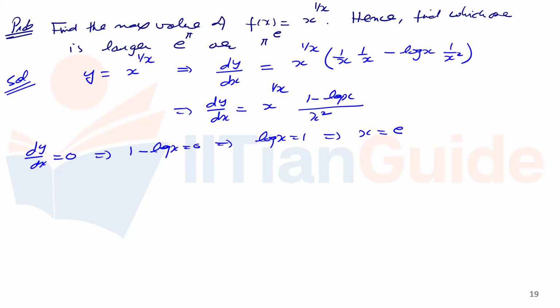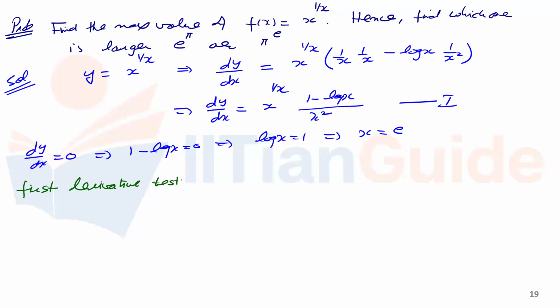To decide whether it is a maximum or minimum, I would have to differentiate again. But dy/dx is a very lengthy term, and if I differentiate it, I will get an even longer term, and then we need to check the value. So I am avoiding the second derivative test and deciding with the first derivative test, which will give me an answer in short. I will not have to differentiate once again.